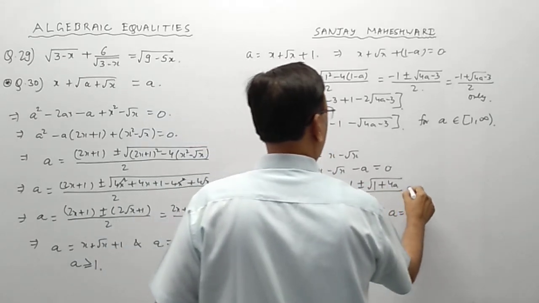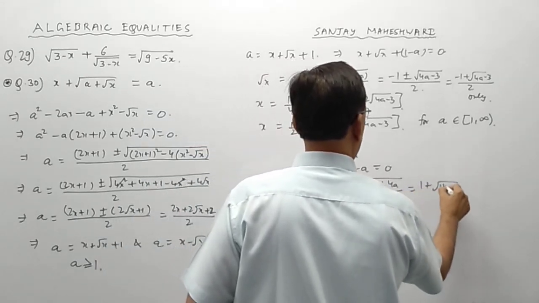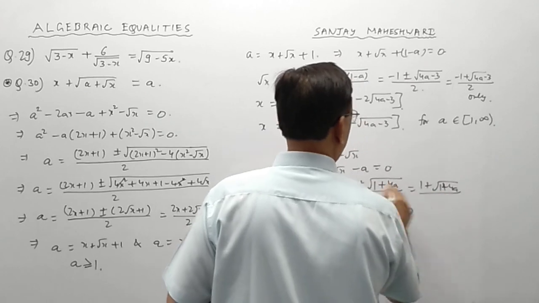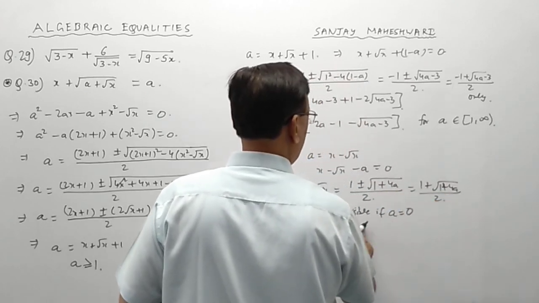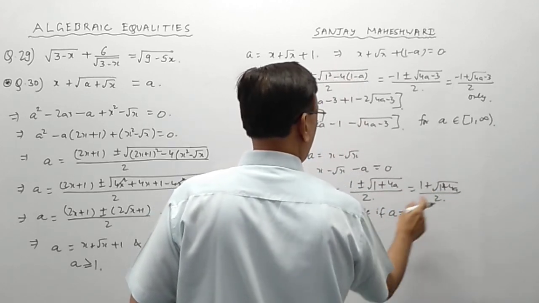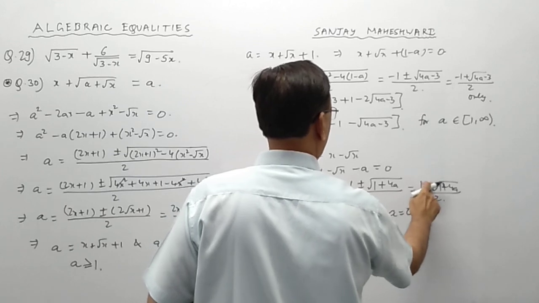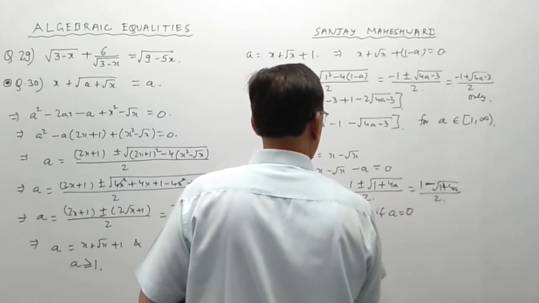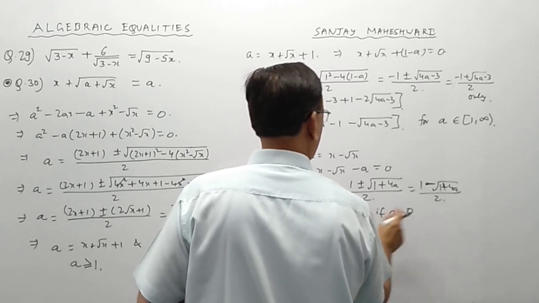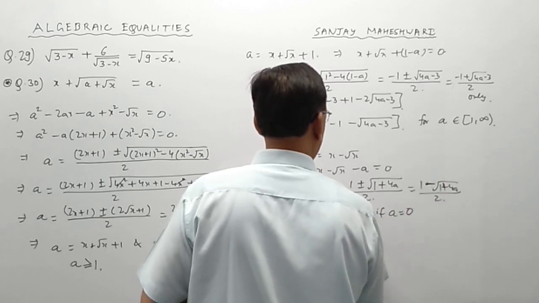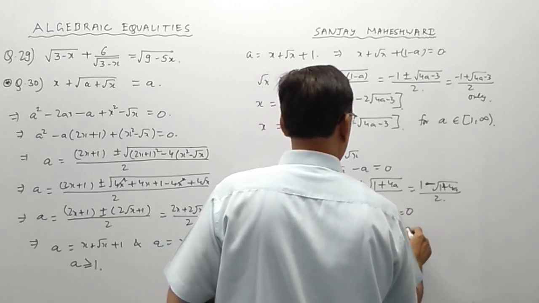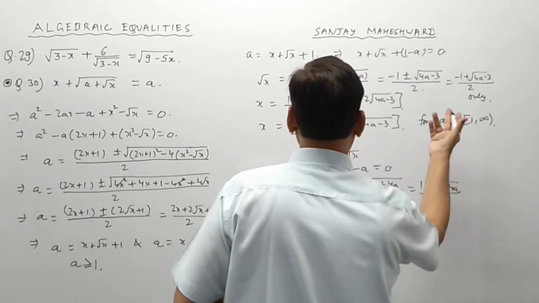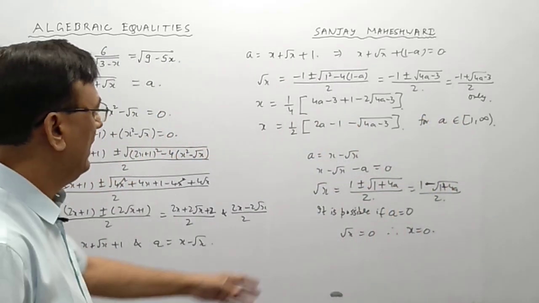Here it will be 1 plus root over 1 plus 4a, negative value not acceptable. So this is possible if a is equal to 0. If a is equal to 0, then it is possible, therefore root x equal to 0, therefore x equal to 0. So we have already done.